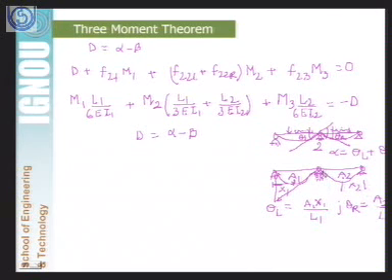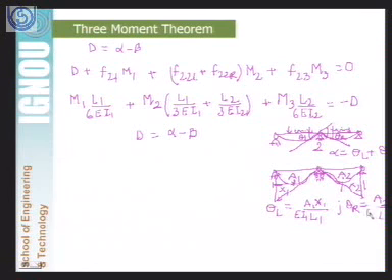You can see here, if we draw a tangent at this point, this will become the tangential deviation, and that will be equal to the moment of the M by EI diagram taken about this point. Let us write EI also, because this is the M by EI diagram, and if we take A1 as the area of bending moment, then we have to divide it by EI1.